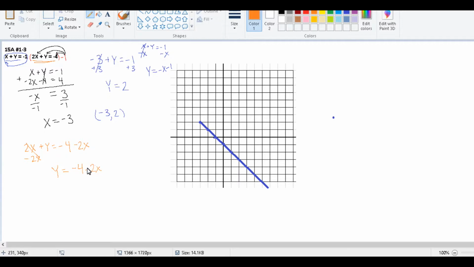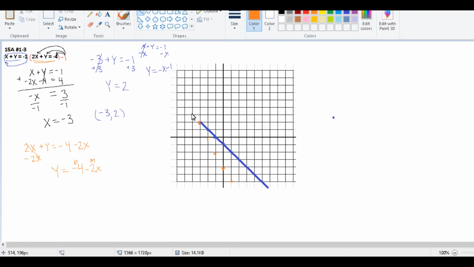I just have to remember that what's in front of my x is my slope, and what's over here is my y-intercept. So my y-intercept is negative 4. 1, 2, 3, 4. And then I'm going to go down 2 and over 1, or I can start here and go up 2 and backwards 1, up 2 and backwards 1, up 2 and backwards 1.